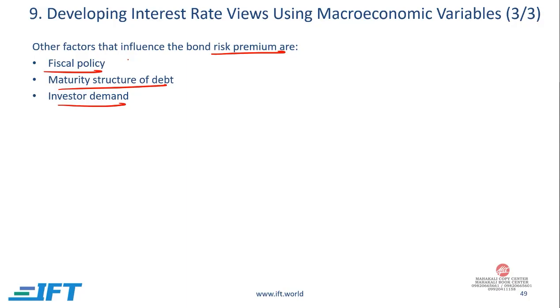Generally, when budget deficits increase, these high budget deficits require more borrowing, which influences both bond supply as well as the required yield. So the point here is that when the budget deficit goes up, the yields also go up. And the opposite is true in the sense that if budget deficits come down, then the yields on bonds also come down.